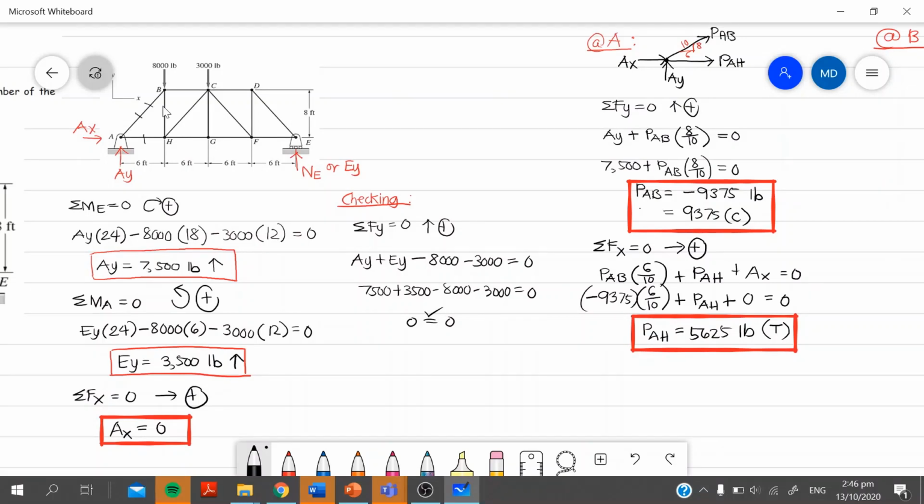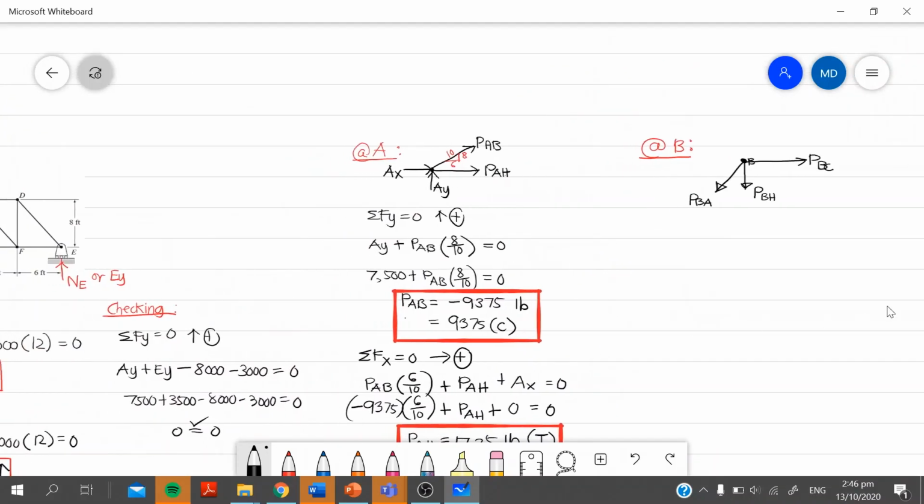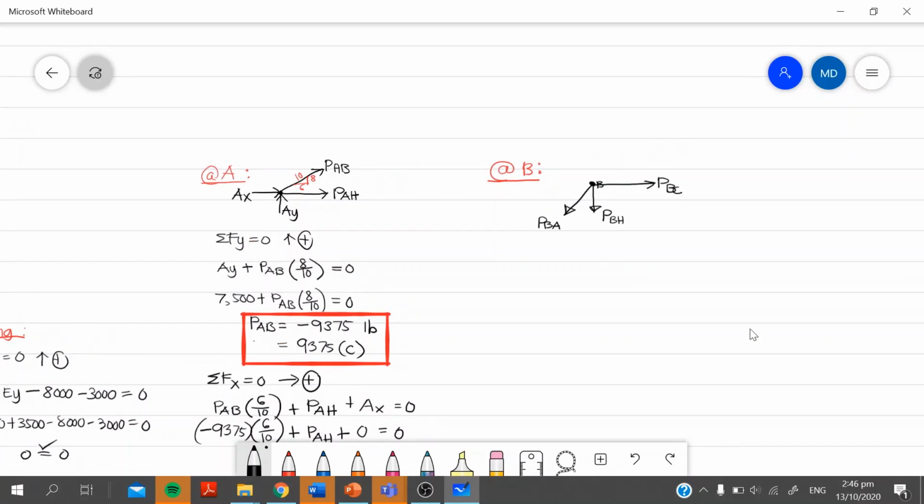Force BA, force BH, force BC. Then, don't forget, meron ding 8,000 na load sa taas. So, if mayroong naglagay na force or load dyan, lagay nyo din. Okay, so those are the forces acting at joint B.